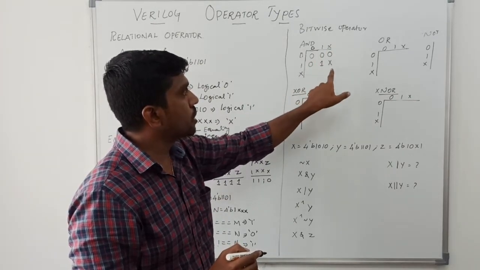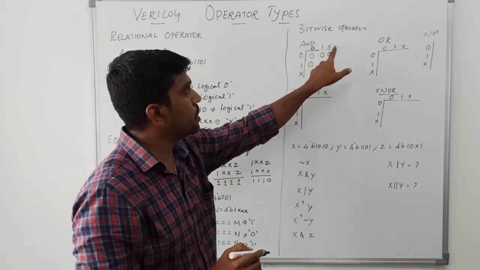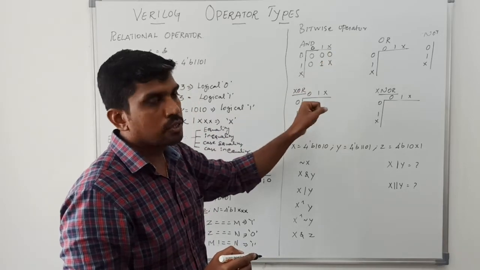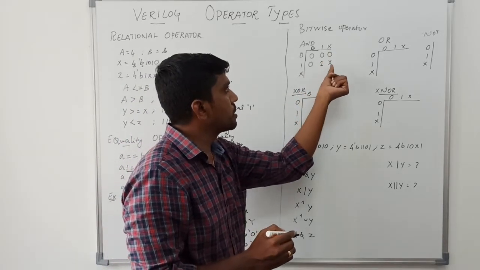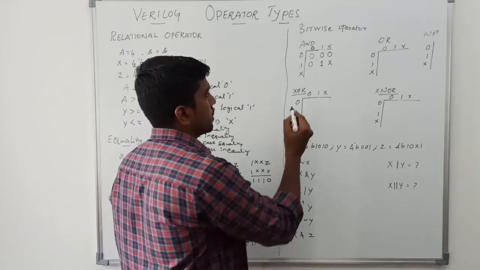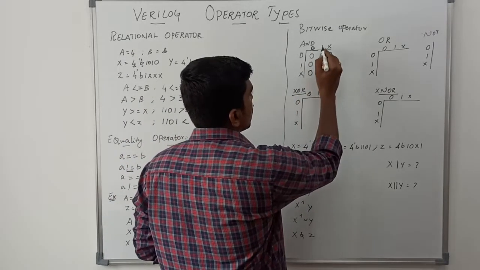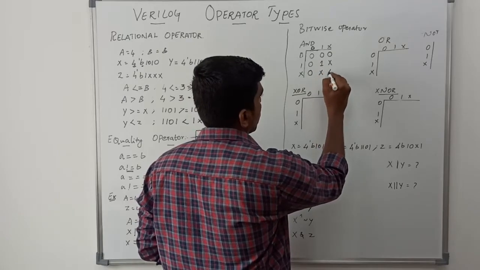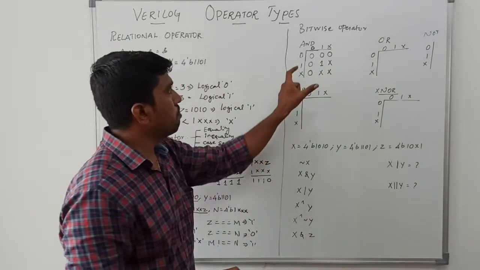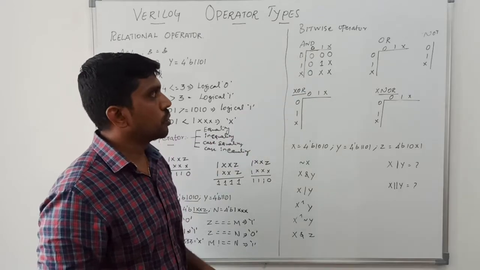If it is 1, the result produced is 1. If this value is 0, the result is 0. So this bit is an unknown value, the don't care bit. The next one, don't care and 0, 0. Then don't care. So this is the bitwise AND operation truth table.